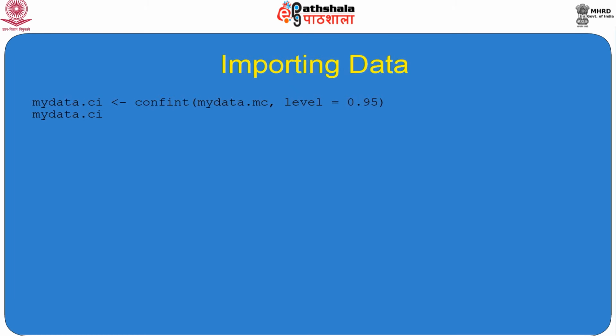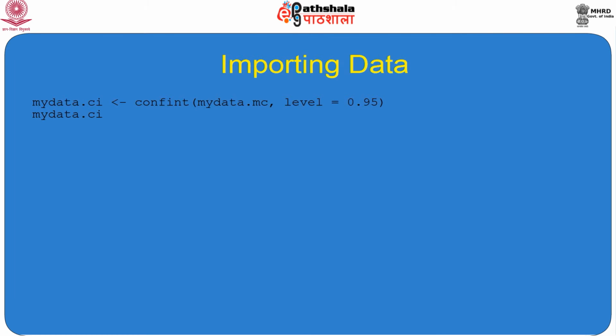Now we are going to get the confidence interval of our estimates. Again we will use my data dot ci and the function confint to get the confidence interval of these regression estimates.